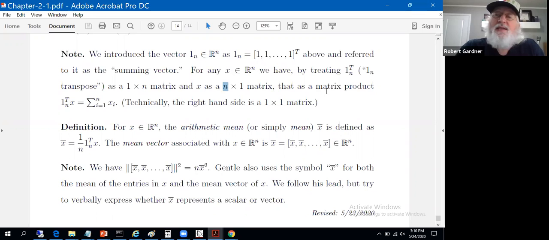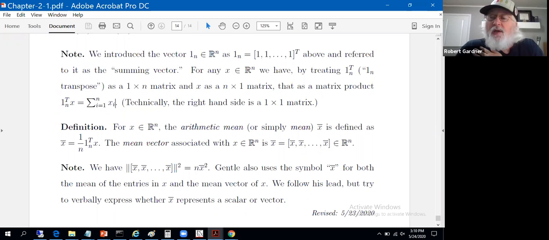If you're treating this really as a matrix product, then technically this right-hand side is a 1 by 1 matrix instead of a scalar. And we're probably going to muddle the distinctions between a scalar and a 1 by 1 matrix. But then we could also treat this, in fact, as an inner product if we dealt with things in the appropriate ways. But that's the reason the one vector is called a summing vector.